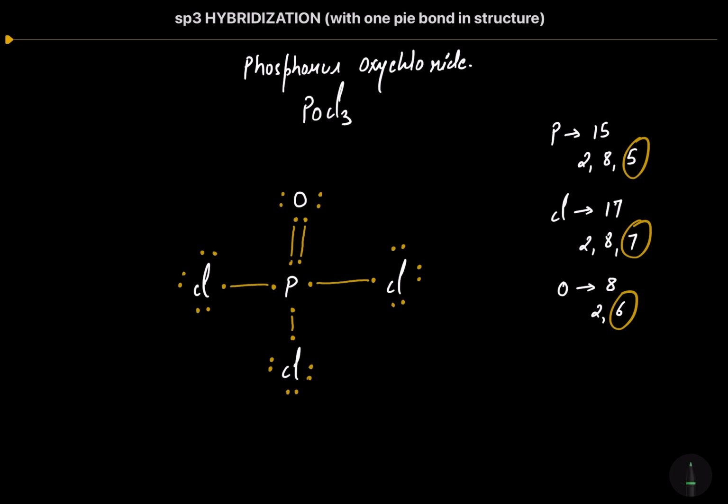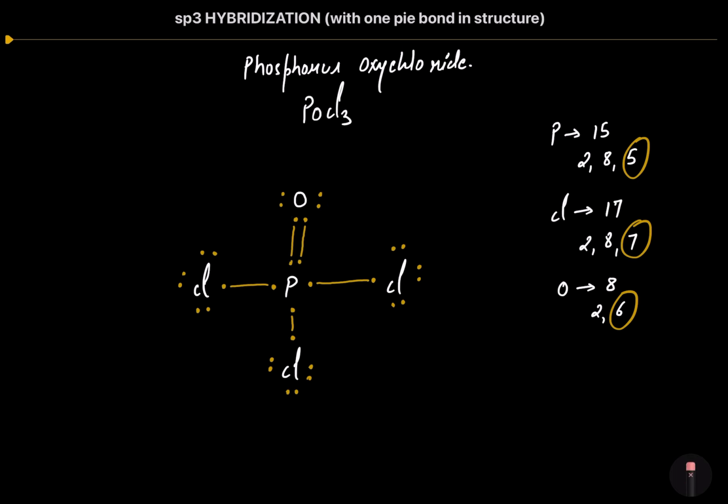Now let's count the number of electrons for the oxygen after the formation of 2 bonds with phosphorus. That is the first electron, second electron, third, fourth, fifth, sixth, seventh and the eighth. That means oxygen has also attained octet, that is 8 electrons in its valence shell after the formation of 2 bonds with the phosphorus.